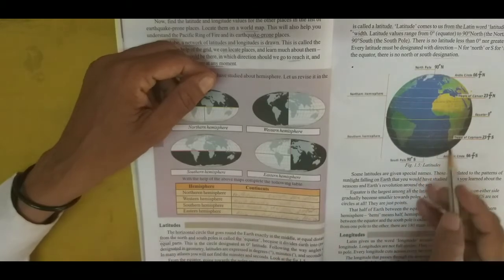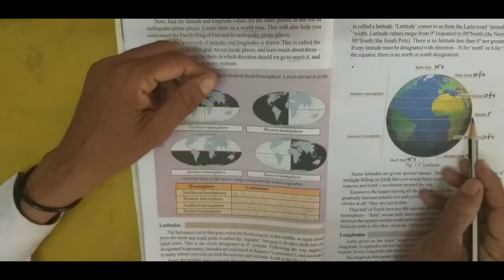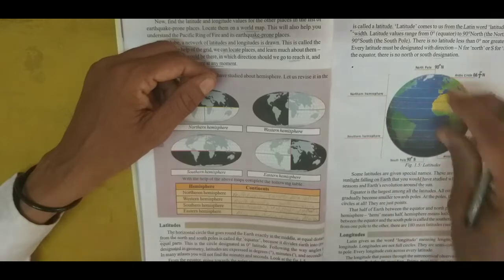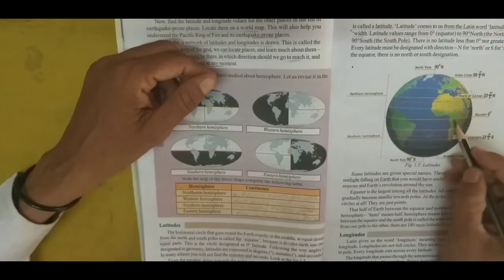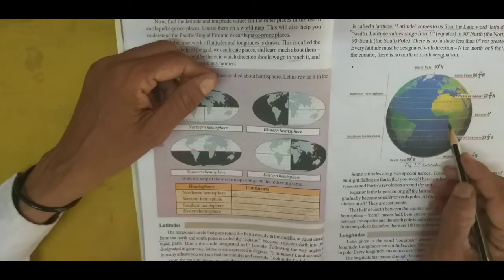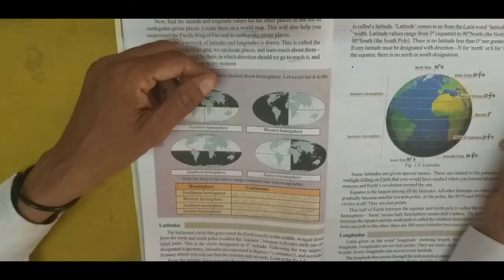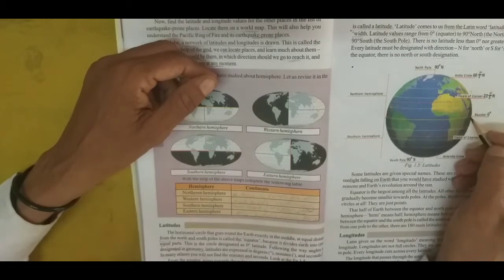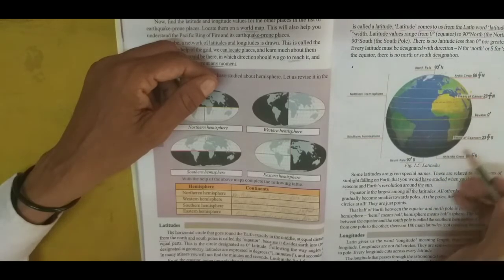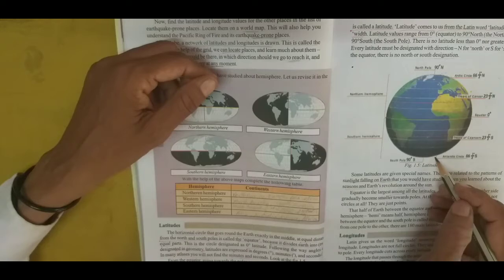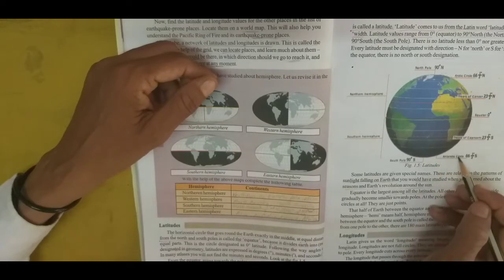The areas next to the equator are very hot because the sun's rays fall directly on the equator. The sun's rays fall less near the Arctic Circle, and do not fall at all in the Antarctic Circle.